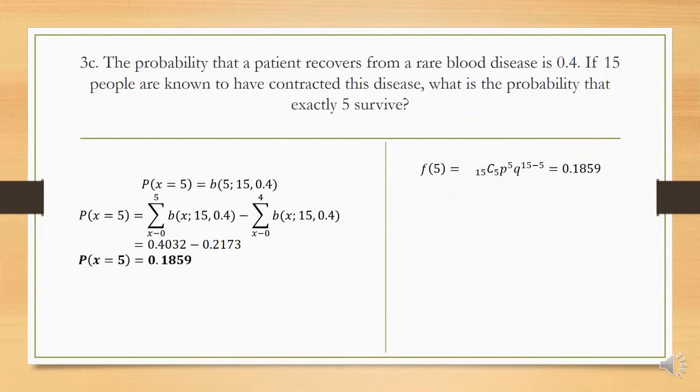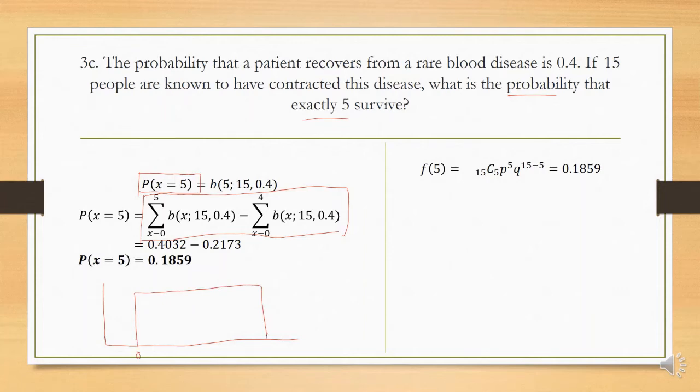This one naman ay probability ng exactly 5 survive. Sa notation, this is equal to 5. But if you look closely dito sa part na ito, nag-subtract ulit tayo ng mga areas. Okay? So, kung i-draw natin to better see kung bakit ganon, remember 0, no?